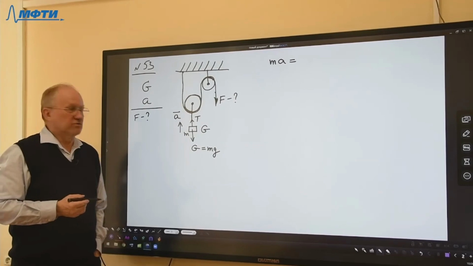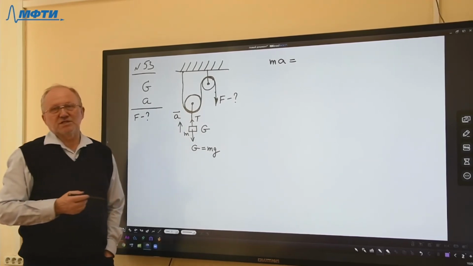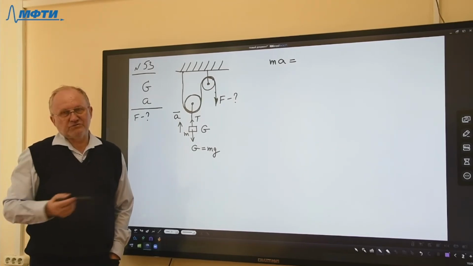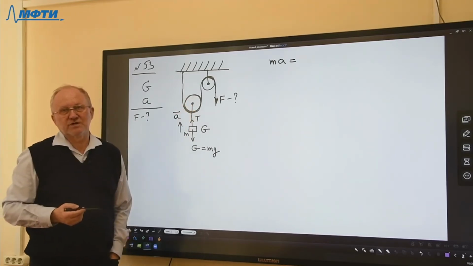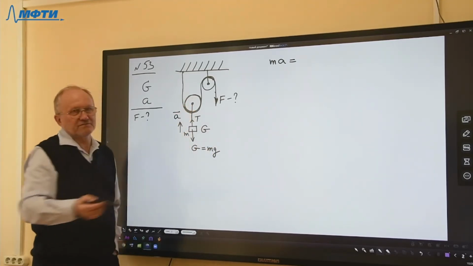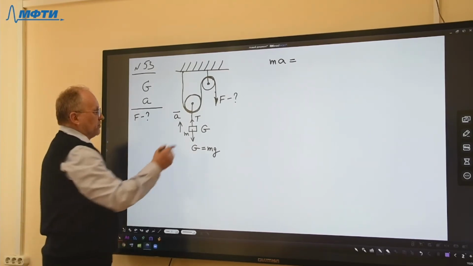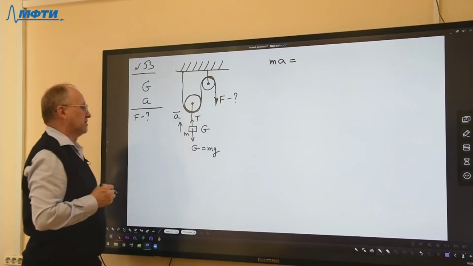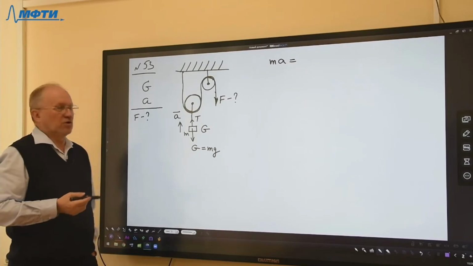We have to recall that a force is always a measure of interaction. If there is an interaction with outside bodies, then there is a force. If there is no interaction, then the force is zero. So this mass m interacts with some external bodies. Which bodies? Only two bodies.